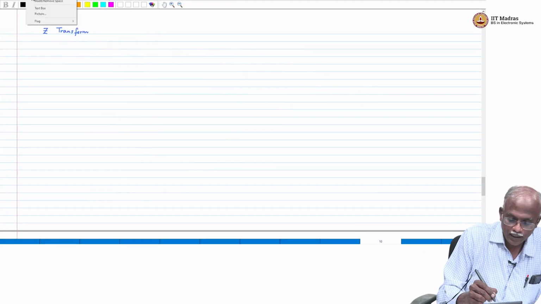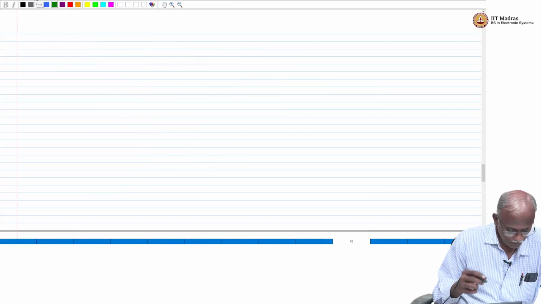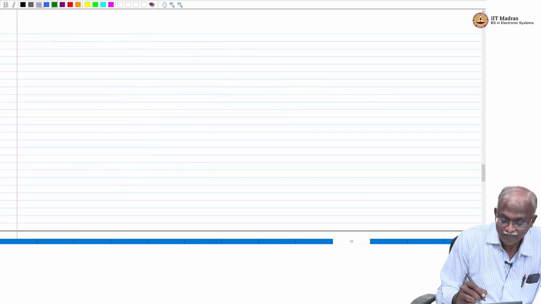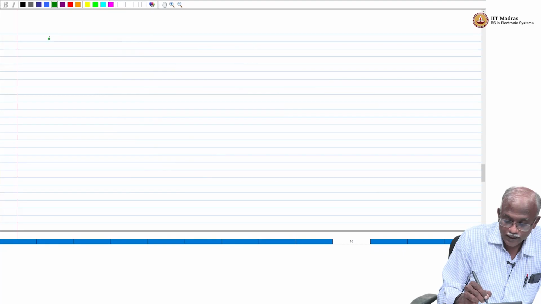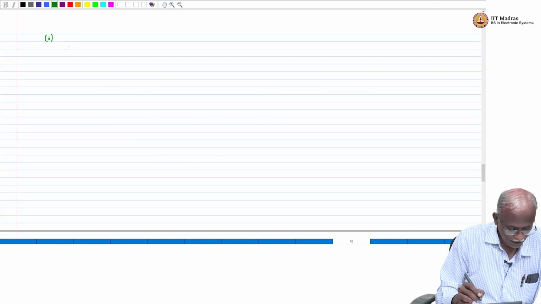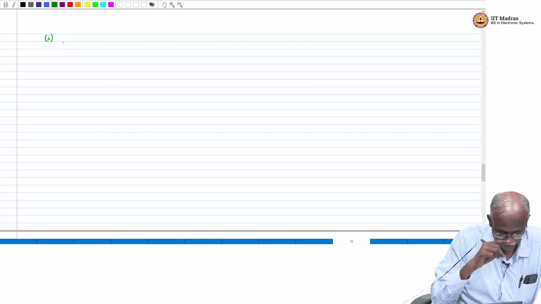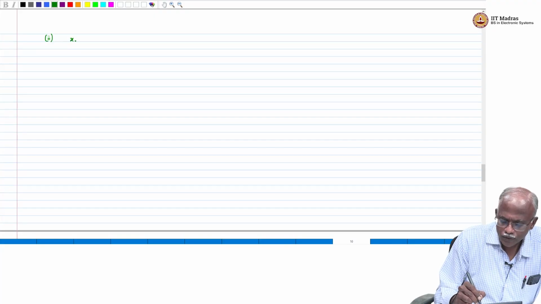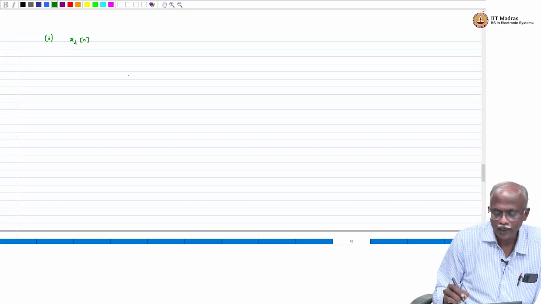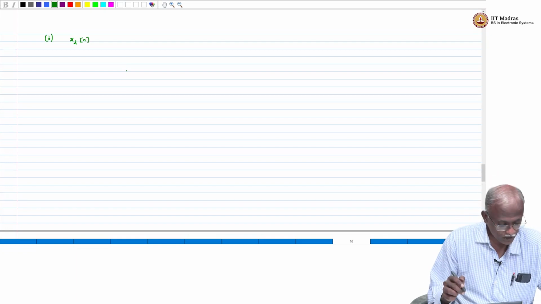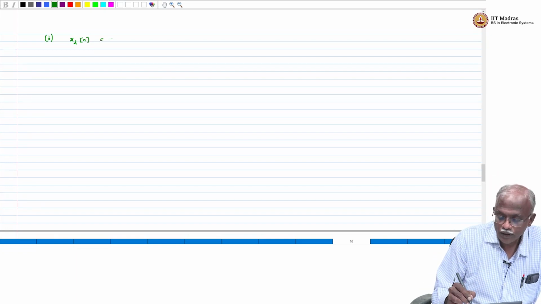Okay, another interesting example. This is an application of the property of differentiation. So, this is a second question that we must do. We are asked to give the expression for the DTFT of x2 of n, which is equal to n minus 1 the whole squared times x of n.